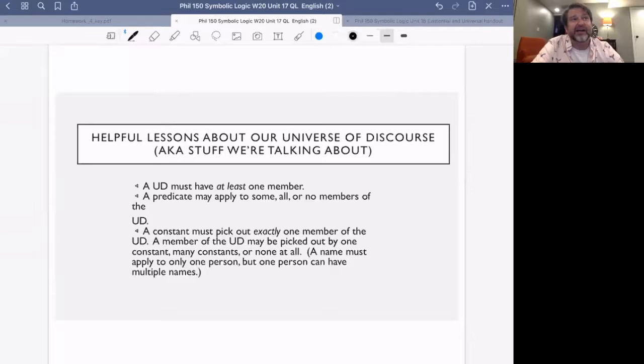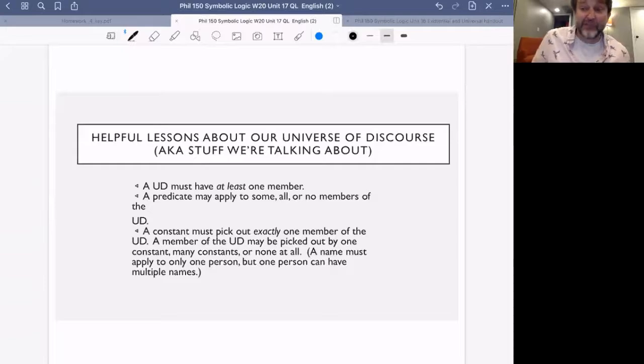So we're not going to have names that refer to more than one object in our universe of discourse. Our actual world has names that do. So for example, the name Mark may apply to more than one person, perish the thought, but we are going to make it a rule of our system that a constant picks out exactly one member, a constant or a name, as I've also called it sometimes.